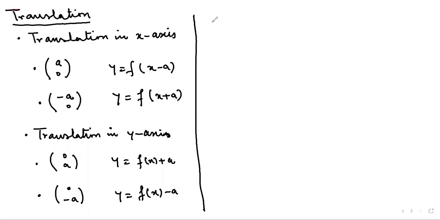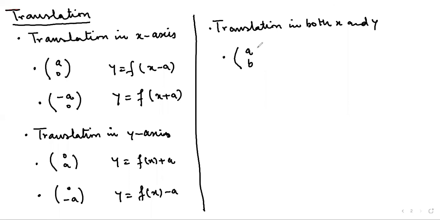Now, when there is a combination of translation in x and y both, then if the translation vector is AB, the equation should be y is equal to f of x minus a plus b.